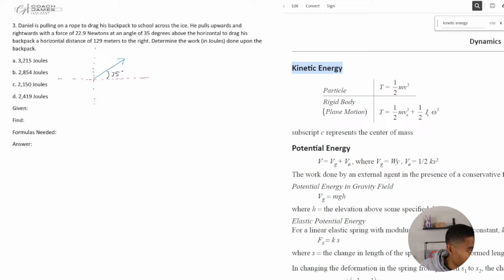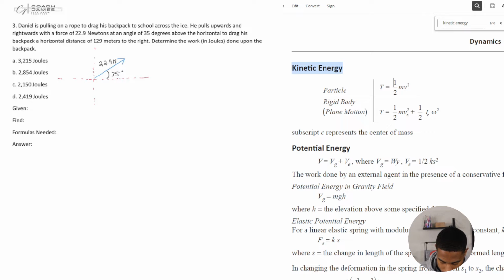And I also know that this is 22.9 newtons. All right, hopefully that makes sense visually. And this is all to drag a backpack a horizontal distance of 129 meters to the right. Determine the work done upon the backpack.